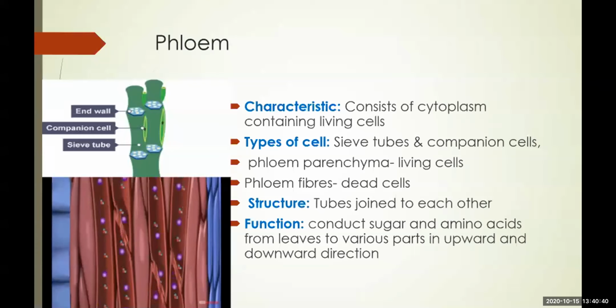Phloem helps in conducting sugar and amino acids, which are formed due to the process of photosynthesis, to the different parts of the body. So it is multi-directional. It shows multi-directional flow. The nutrients will flow in all directions and be carried to the storage tissues. It may be in the root, in the stem, or in the fruits or flowers.